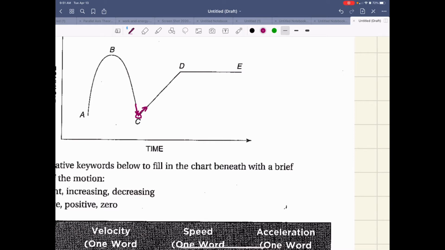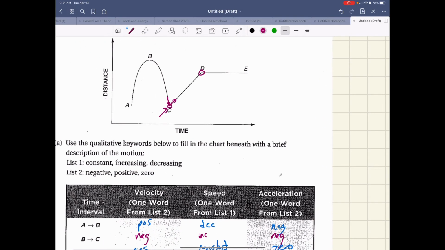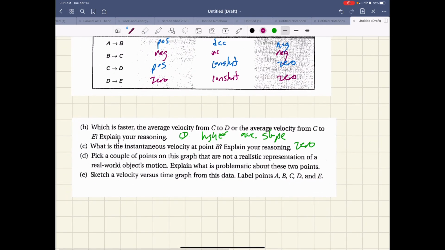You have to have some point where the slope is equal to 0, and you cannot have an instantaneous change right there in your velocity to go straight from negative to positive. It can't happen. Likewise in D, you can't have a velocity that's positive and then instantaneously have it be 0. It has to be continuous, if you want to use a math term. And so C and D are not realistic points because they are not continuous.